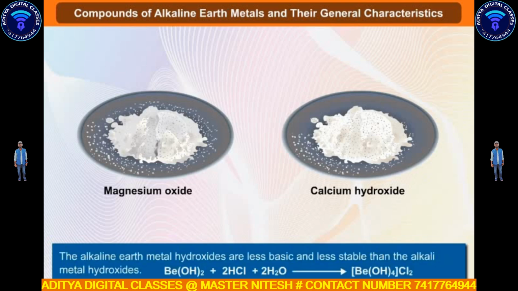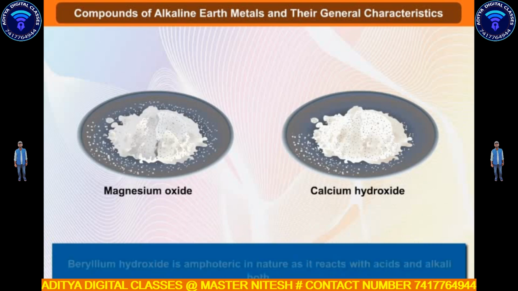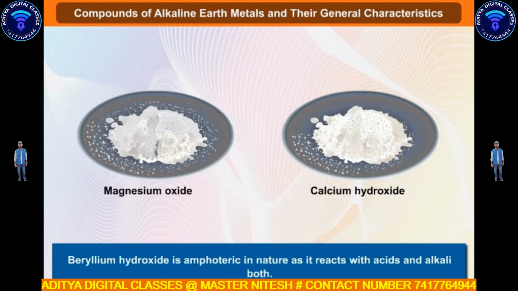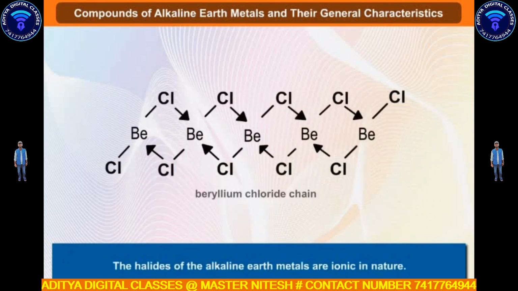The alkaline earth metal hydroxides are less basic and less stable than the alkali metal hydroxides. Beryllium hydroxide is amphoteric in nature as it reacts with acids and alkali both. The halides of the alkaline earth metals are ionic in nature.